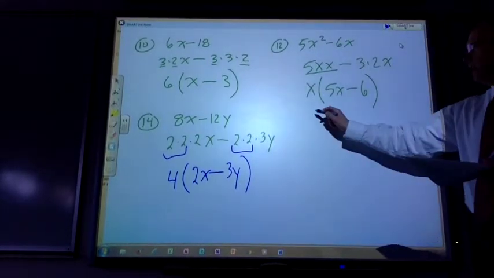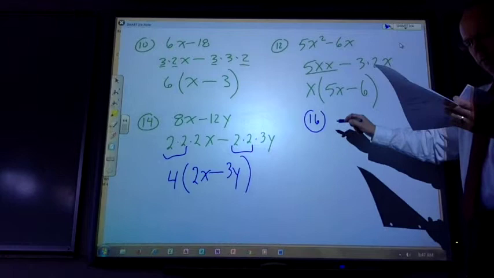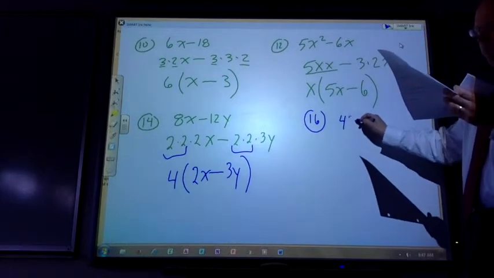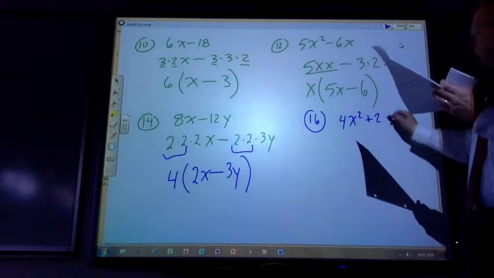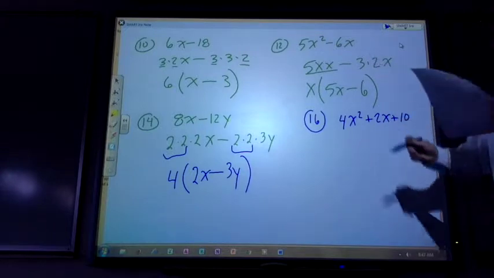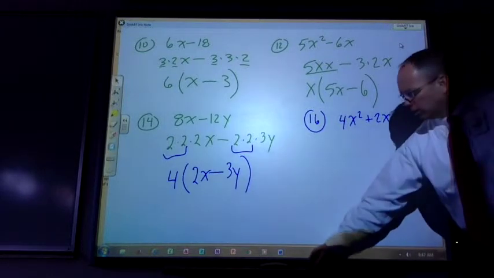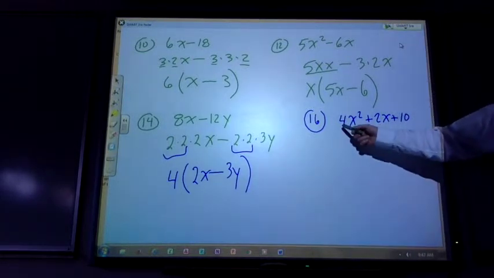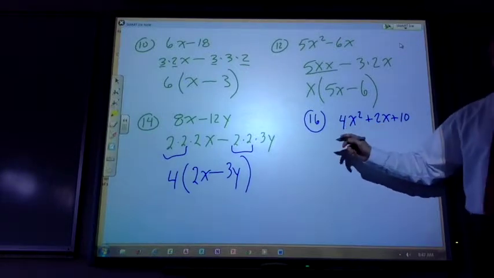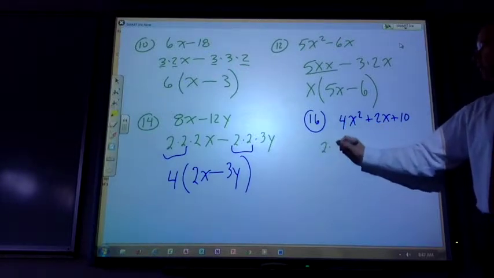Number 16. Gabe, coming to you. Let's break up 4x squared. How would you break it up? What is 4 broken down to? 2 times 2, and then an x times x.